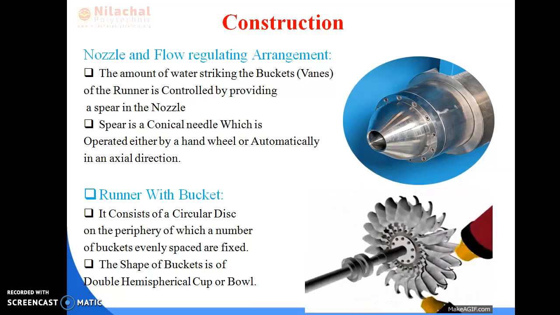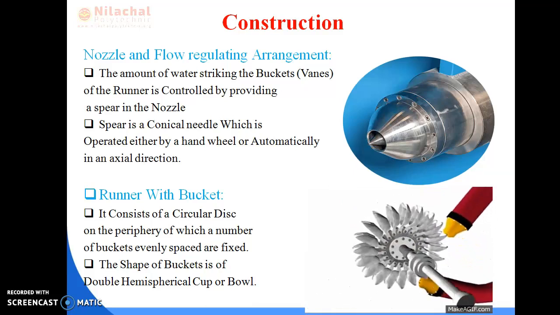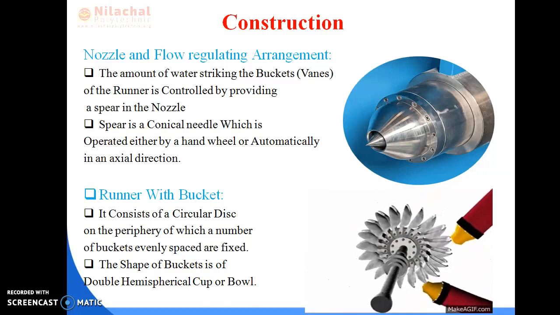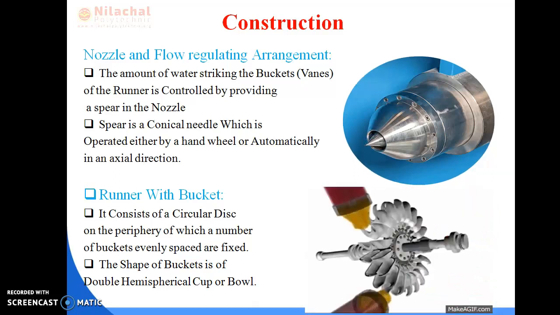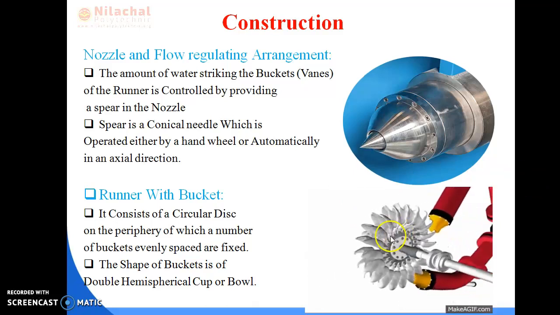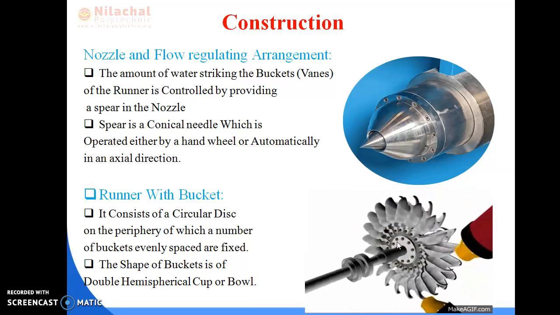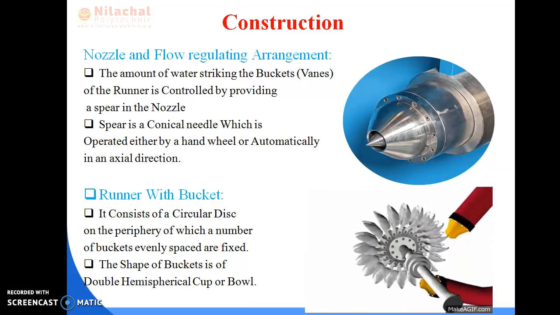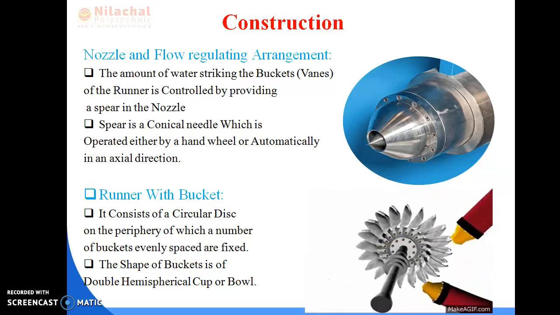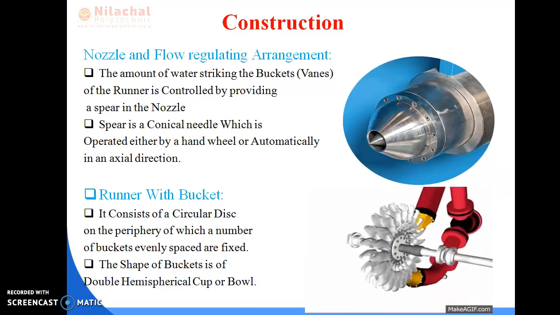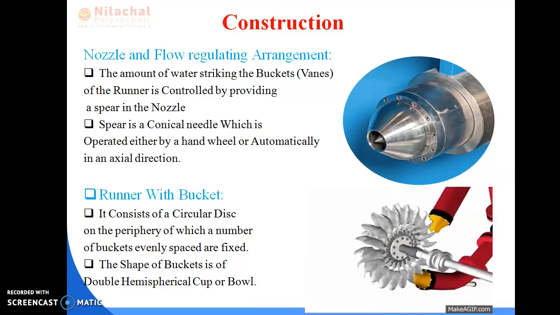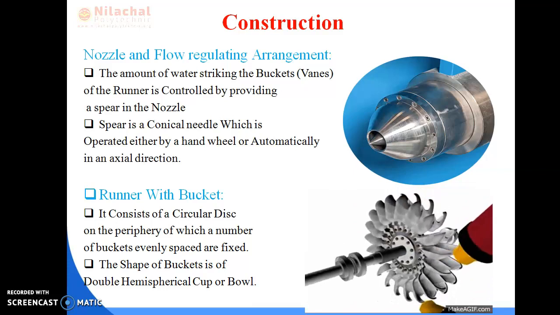In our impulse turbine, the blades are known as buckets, and the bucket consists of two hemispherical cups which are attached to each other at a point known as the splitter. The splitter divides the water into two parts while the water strikes the bucket.